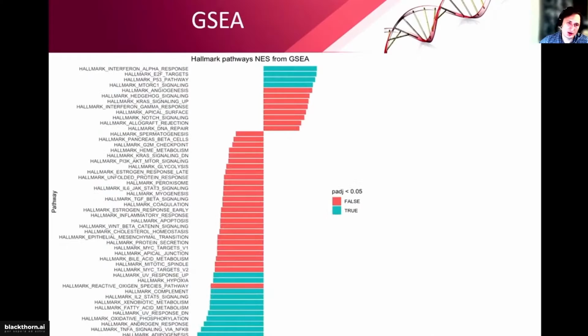It's a typical output from GSEA when you have normalized enrichment scores, and you have adjusted p-values for them. And adjusted p-value is also not so obvious, because when we are calculating adjusted p-value for multiple hypothesis testing, we assume that our tests are independent, but they're not always independent, especially in pathways when you have shared genes and connected pathways.